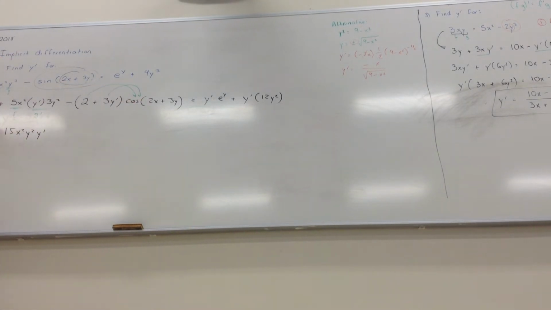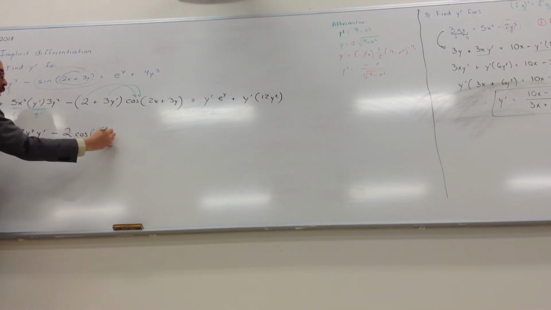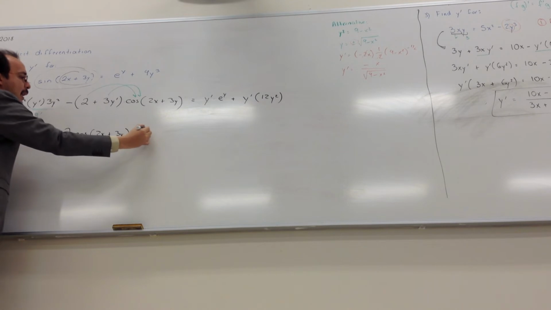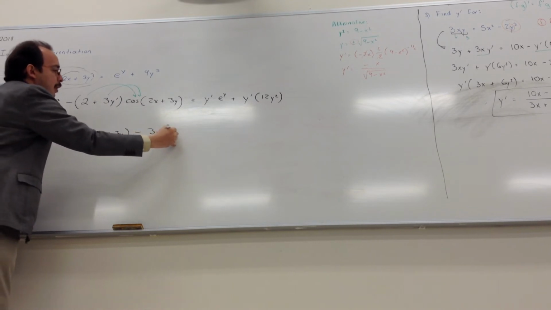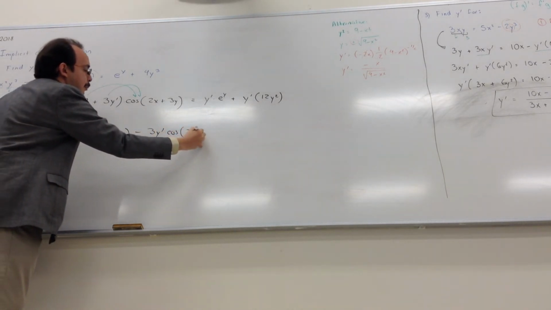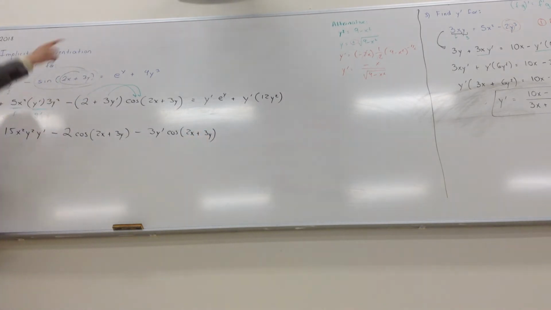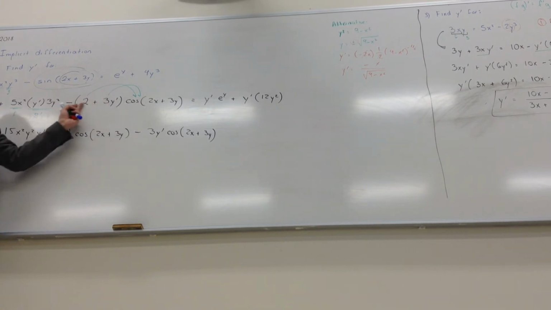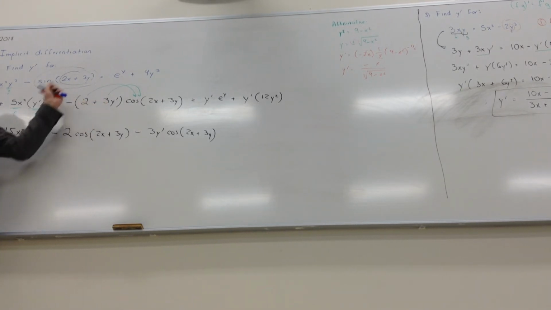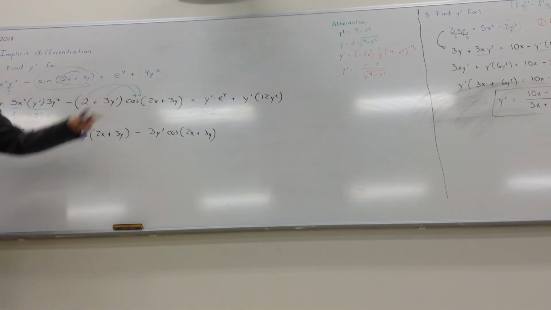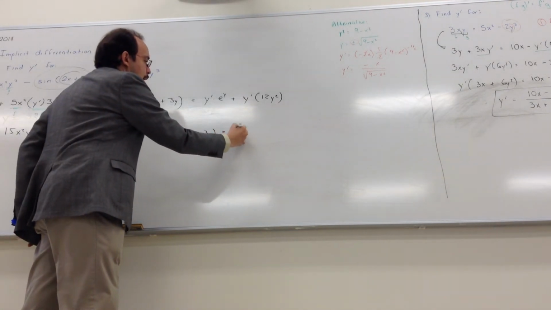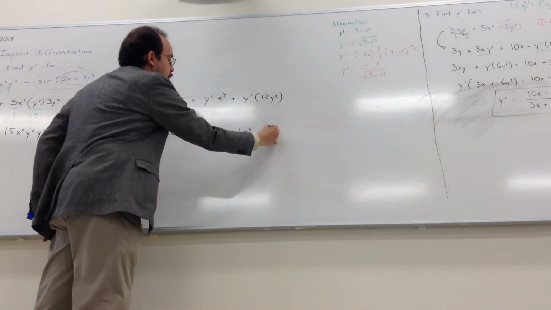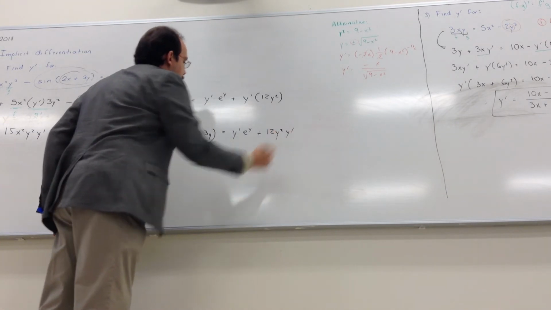So it's going to be minus 2 cosine of 2x plus 3y minus 3y prime cosine of 2x plus 3y. I just multiply, straight the property. Why? Because you cannot isolate the y prime if it's inside of a binomial. So multiply. Equal to y prime e to the y plus 12y squared y prime.